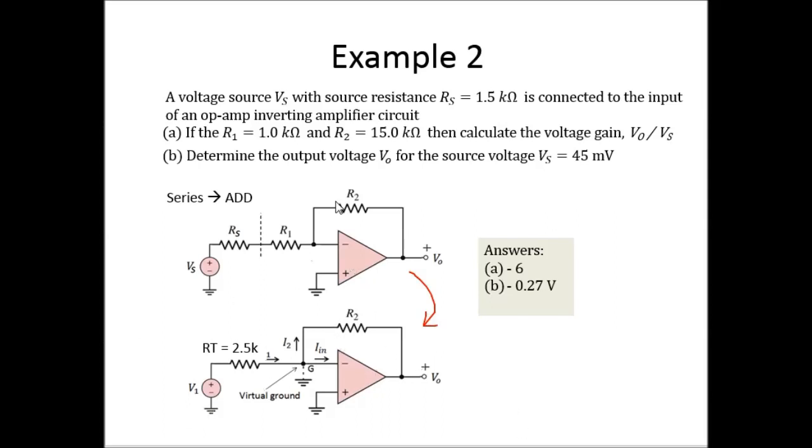Because it's the inverting amplifier, you know that the gain is minus R2 over the resistance here, so 15 over 2.5, you get minus 6. So now that you know the gain is minus 6, V out over Vs is minus 6.